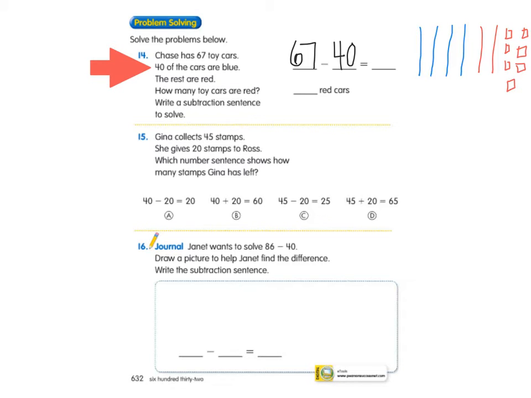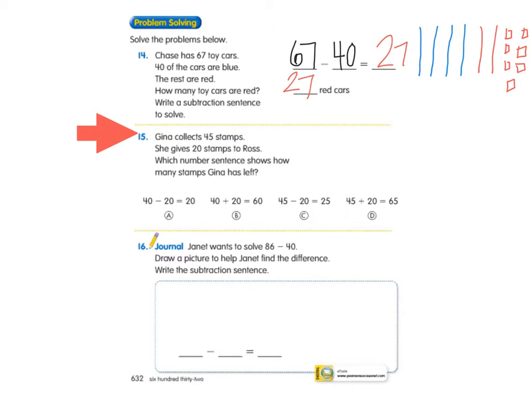Okay? And the question asks, how many toy cars are red? Well, I'm going to count my red ones now. 10, 20, 21, 22, 23, 24, 25, 26, 27. Okay? So my difference is 27. 27 red cars.